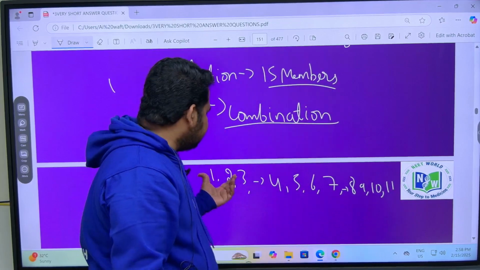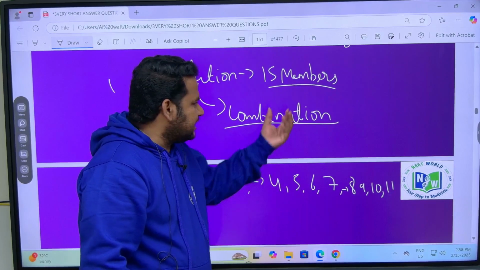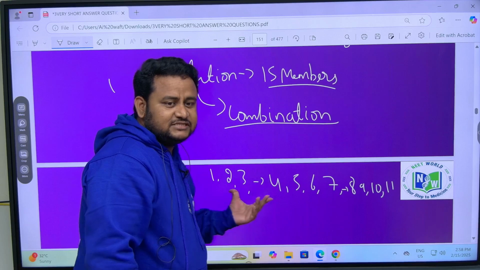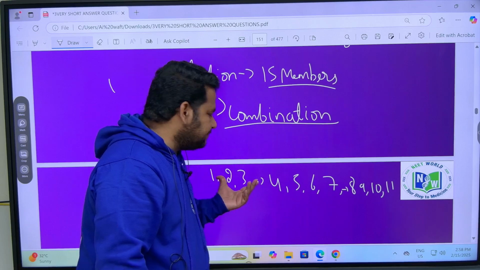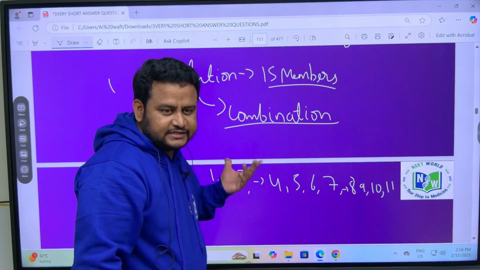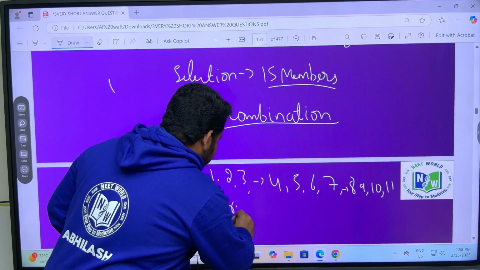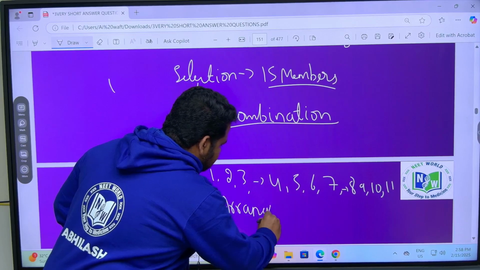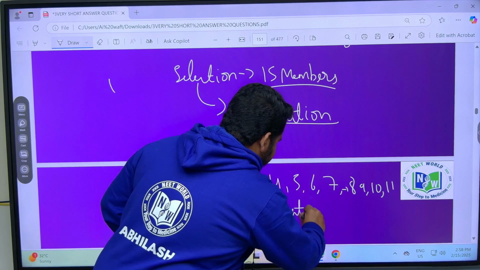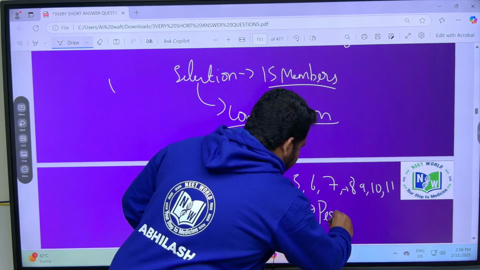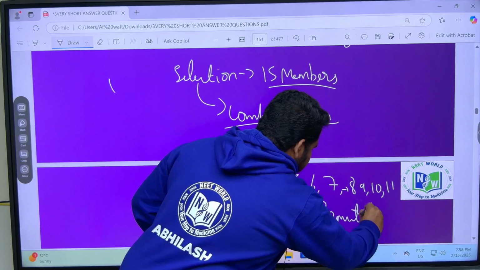What are we doing here? First we selected, then we are arranging them as per some order. That process of arranging, that arrangement, is called permutation. Got it, friends?